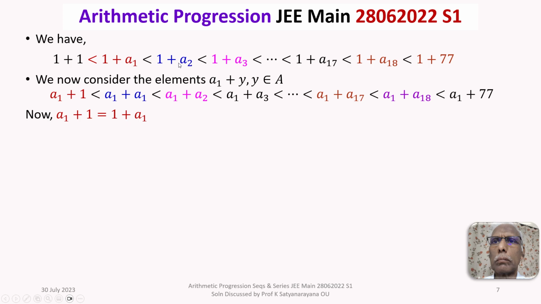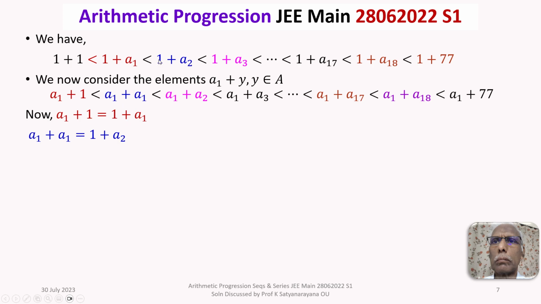And I told you that the remaining elements will be one among those 39 elements only. So these are the 20 elements of those 39 elements. So A1 plus A1 must be equal to 1 plus A2.